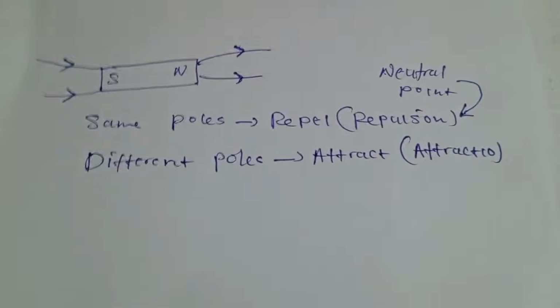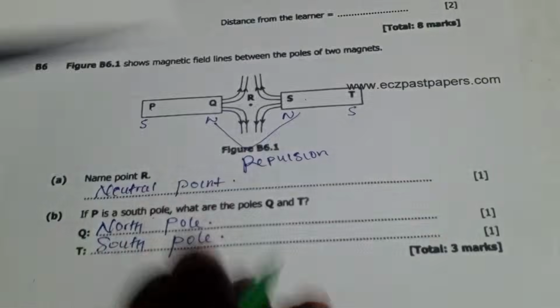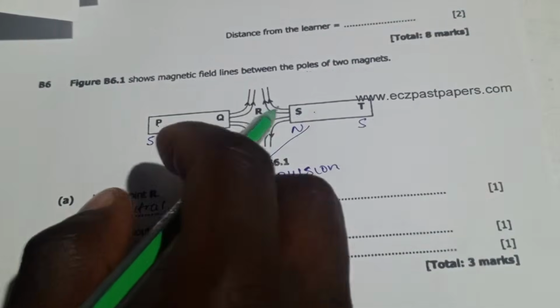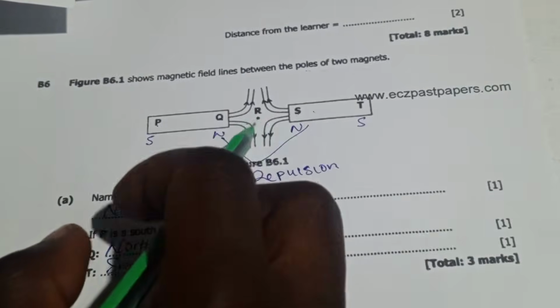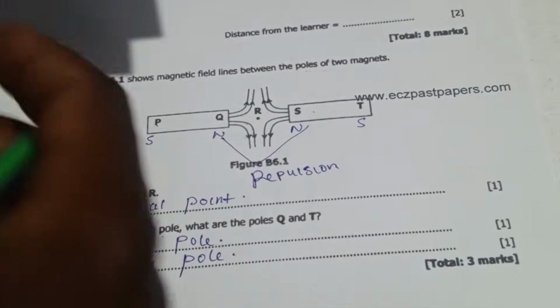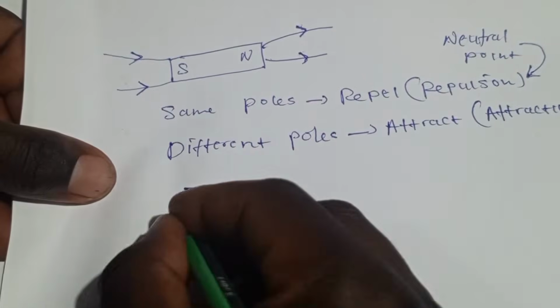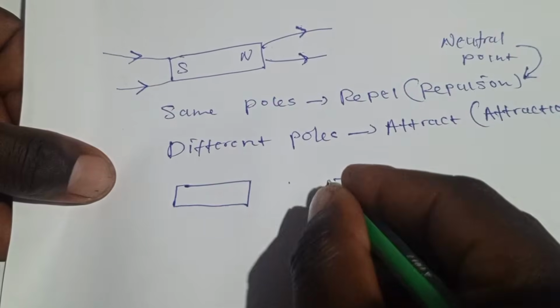In case you want to understand the structure, repulsion may look something like this, just like the way we have been given here. This is repulsion. As you can see, these magnetic field lines are not attracted, so this is showing repulsion taking place. Then attraction is formed whenever you have magnets of different poles.